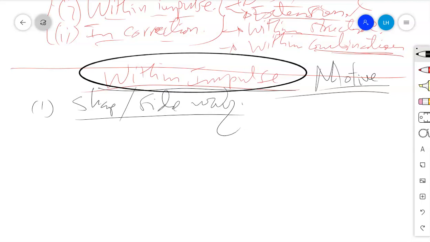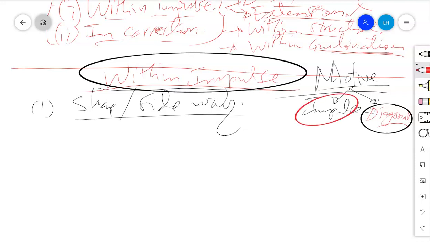Now it may be in terms of an impulse, and also it can be in terms of a diagonal. So it can be an impulse, or sometimes it can be a diagonal.